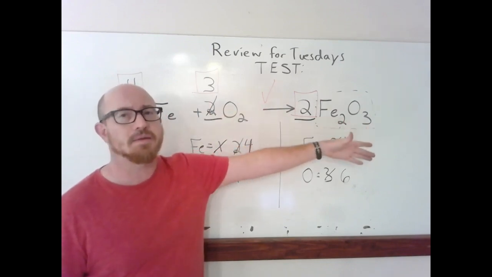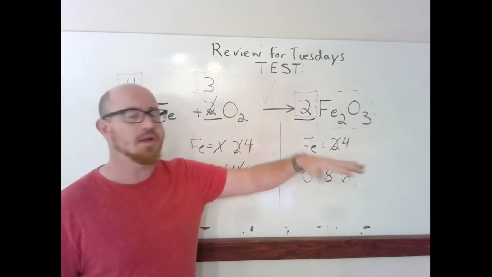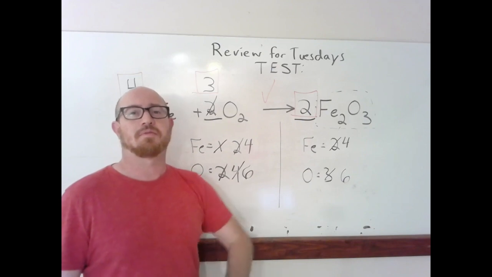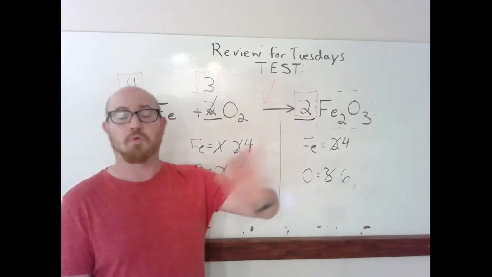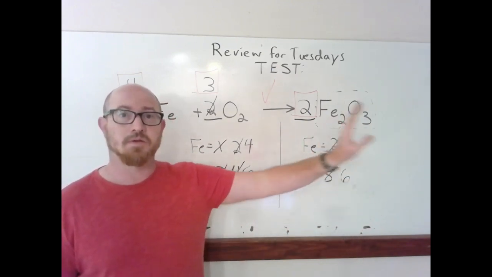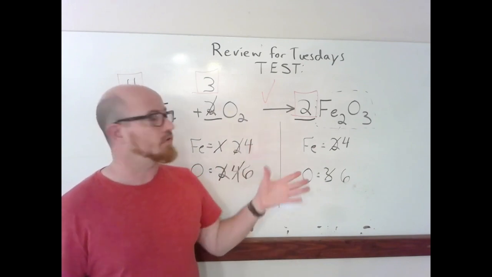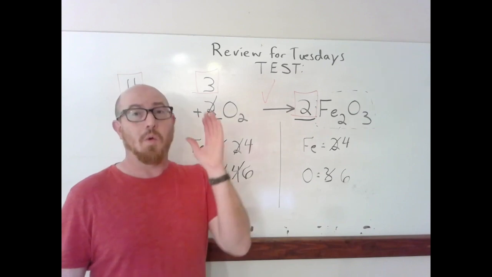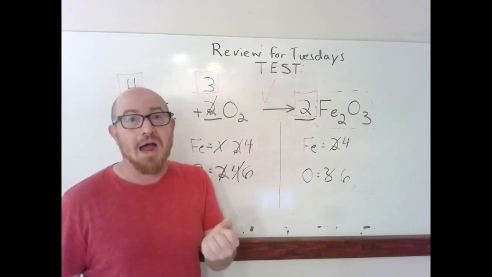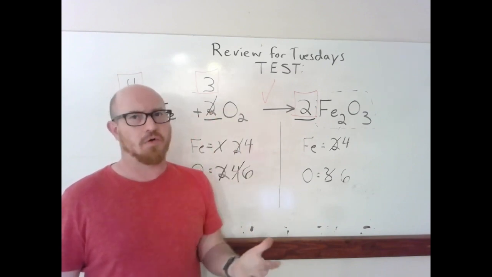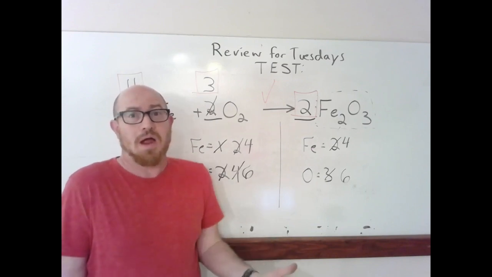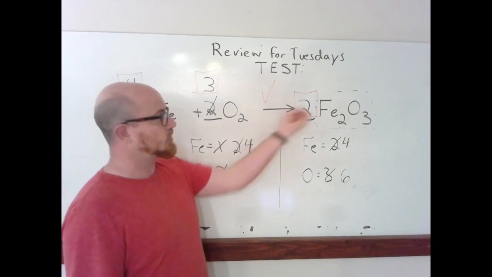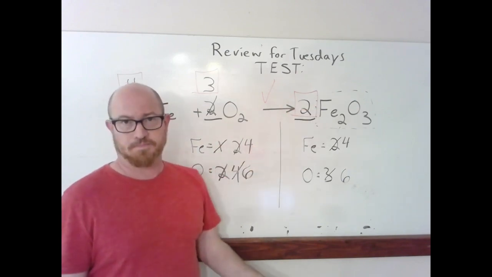That becomes really important much later on in chemistry, but this is a firm foundation that I want you to understand before you go on to biology, before you go on to chemistry again in your sophomore year. So make sure you're really leaning into this and understanding it, not just for what we're doing, but why we're doing it. That's at the heart of all of this. Make sure you understand why we're doing it in the first place. And what we're doing is understanding the ratio of this.